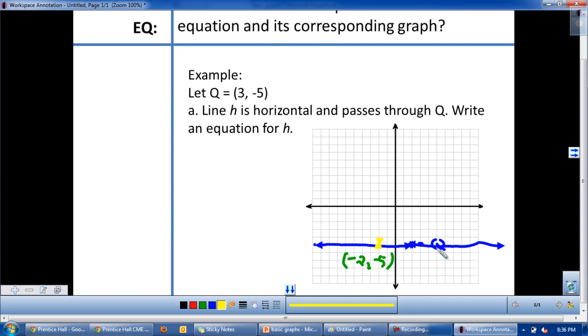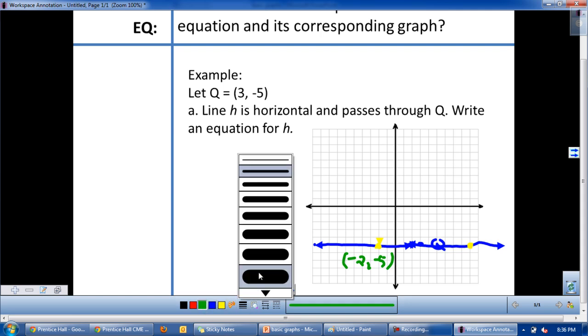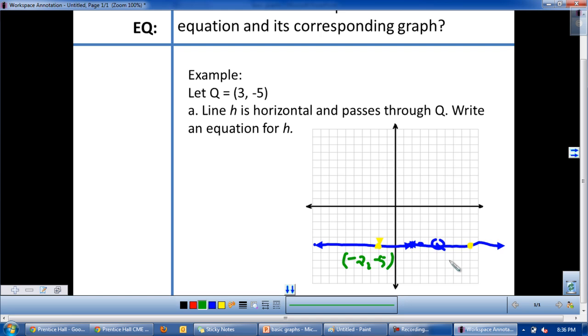And next, let's pick this point right here. We say 1, 2, 3, 4, 5, 6, 7, 8, 9, and it's positive 9, and still negative 5. We'll do one more point and we'll see if we can figure out the pattern.